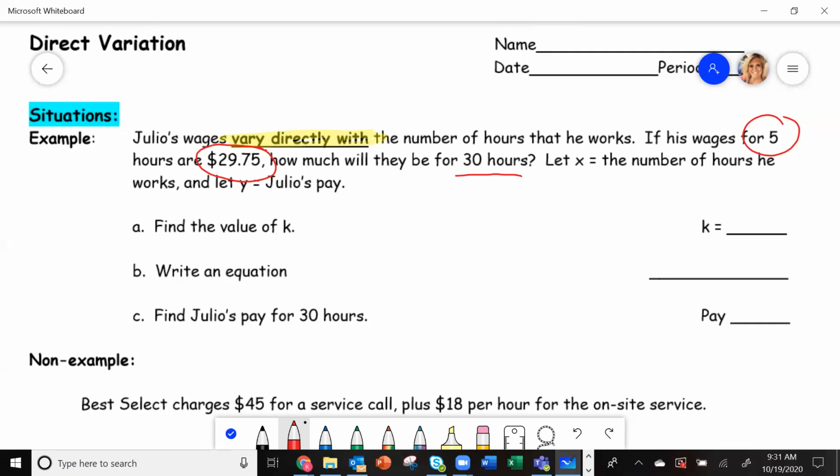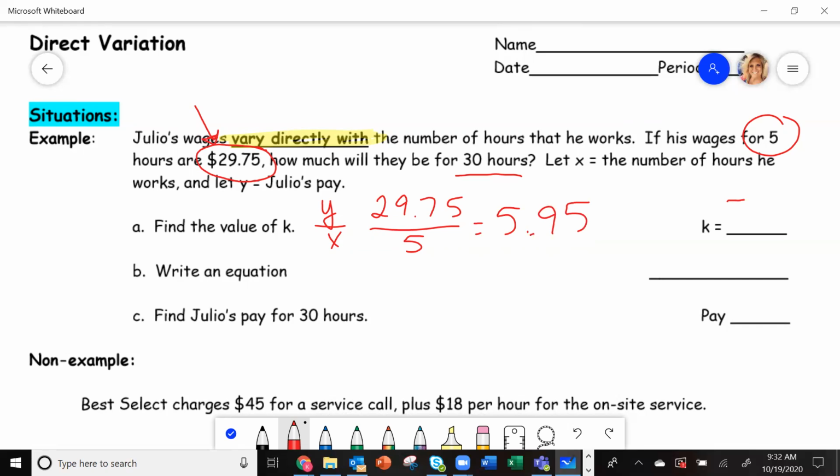Well, to find K, remember we talked about it was y divided by x. So to find out how much we're going to get paid each hour, I'm going to take 29.75 and divide it by 5. Okay, so if you go and do that, I'm using just the calculator on my phone, 29.75 divided by 5 gives you $5.95.